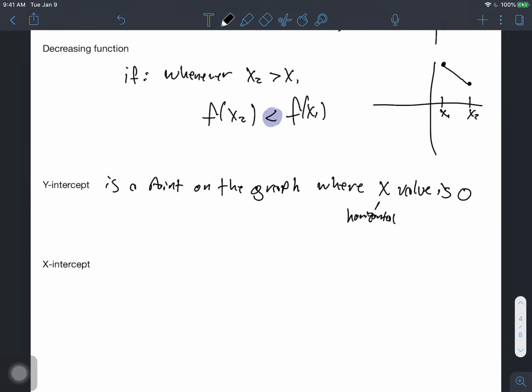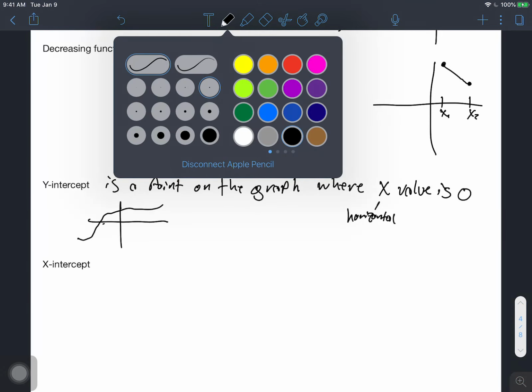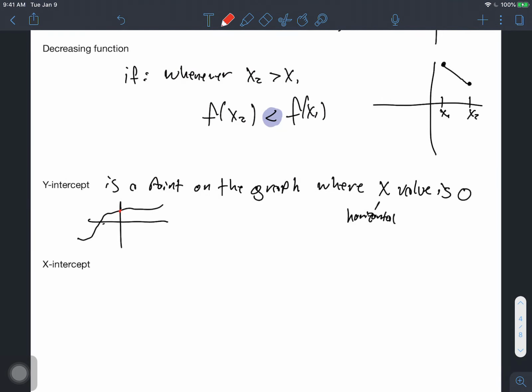So what does it look like? I have some function like this. The point that I'm talking about is this one right here. I can tell that the x value is 0 on this graph because I'm right smack dab in the middle in terms of left and right.